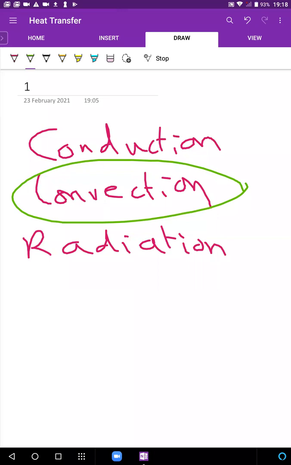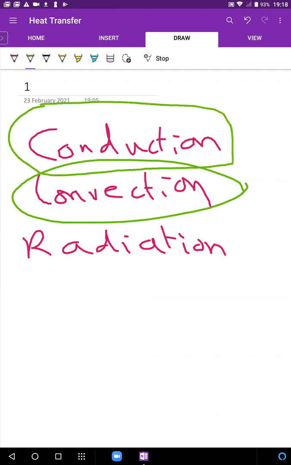As for conduction, unfortunately, you guys have, I think, not started current electricity yet. It would have been so nice to do this after current electricity because you're going to find that heat conduction is almost the same as electricity or current conduction. So the way heat flows via conduction is almost the same as the way current flows.